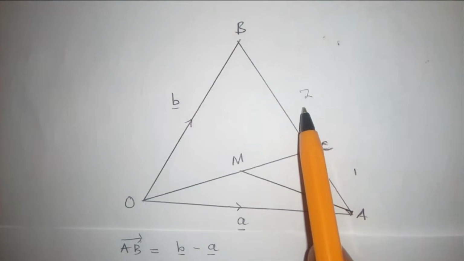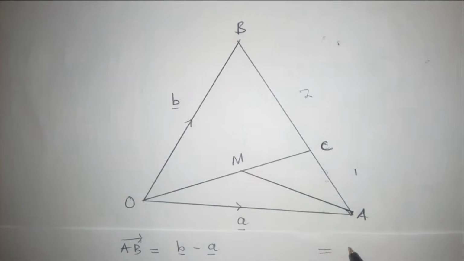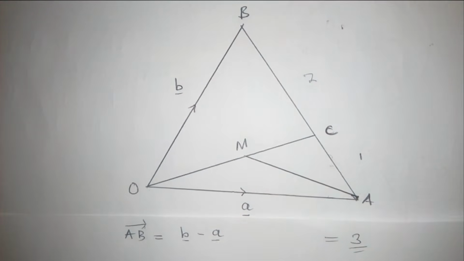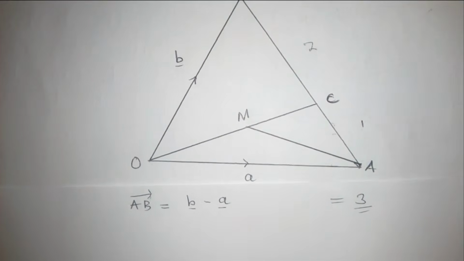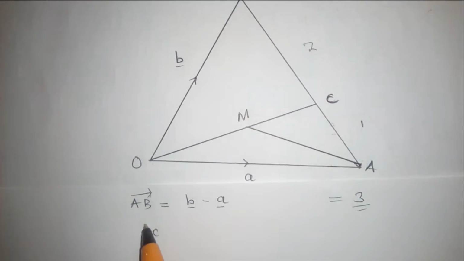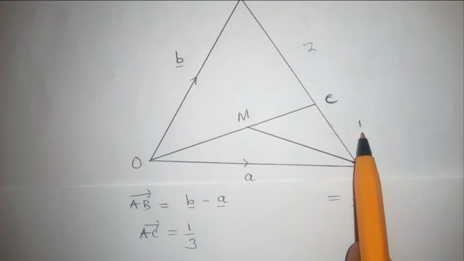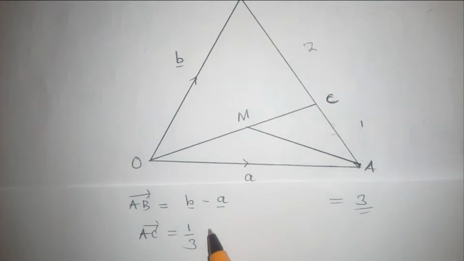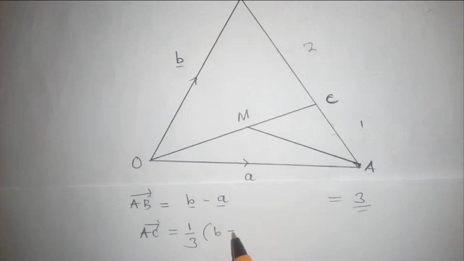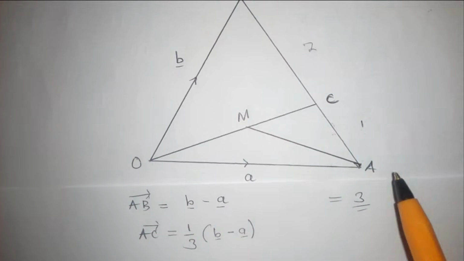So 1 plus 2 is equal to what? Is equal to 3. So this 3 will be our denominator. So we say AC is equal to 1 over 3, this 1 over the total 3, of B minus A, what we've just found.